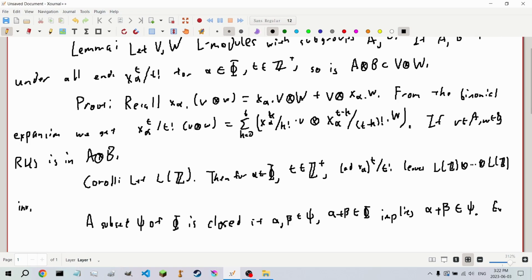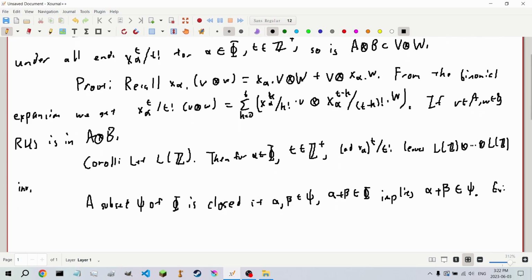An example. Some examples of closed subsets of a root system phi would be all of phi, the positive roots of phi, and the set of all i alpha plus j beta in phi for i and j positive and alpha, beta in phi.